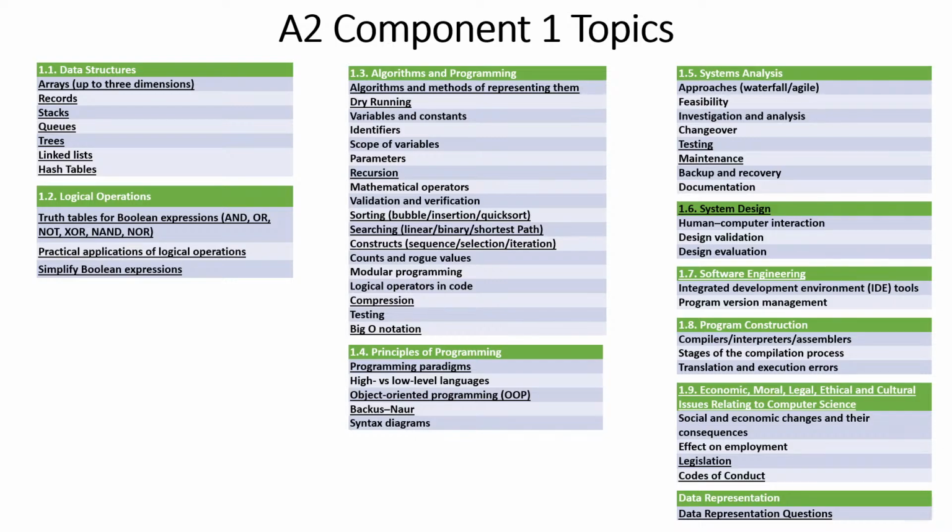Okay, I can confirm. No AS content. Everything from 1.1, 1.2, 1.3, 1.4, 1.5, 1.6, 1.7, 1.8 can be covered on the mock exam. 1.9 is not covered. 1.9 is not covered. So there you go. That's a gift for that from me to you. You're welcome.